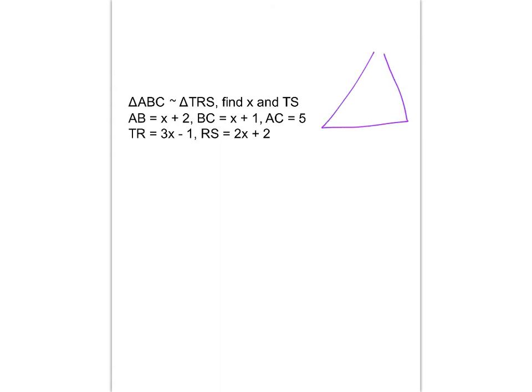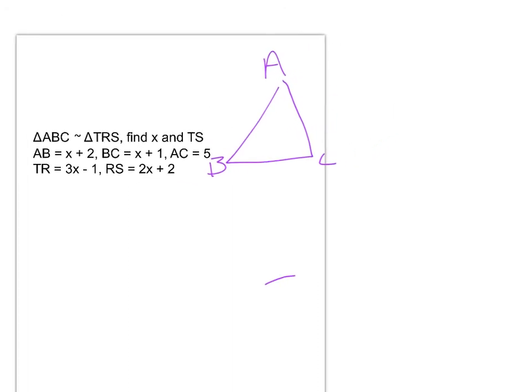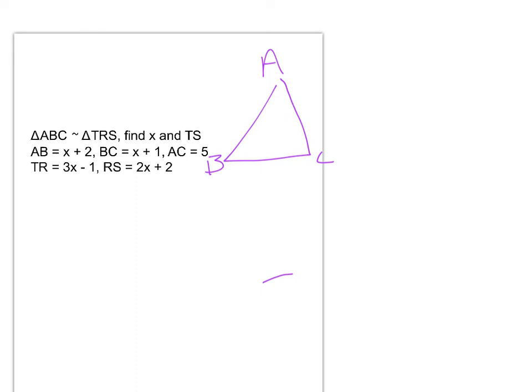I have triangle ABC, and triangle TRS. Okay. AB is x plus 2.